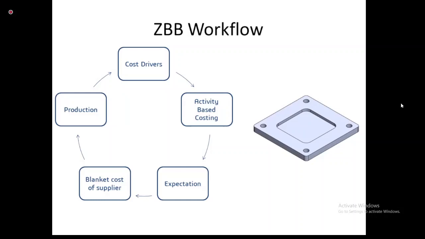For example, when this component went for inspection, we also shortlisted the expenses incurred in the inspection, like whether a CMM machine has to be used for inspecting this component, or whether we should use functional gauges. If this component is getting machined on the shop floor, we decided to find out the cost drivers of this component. So it is detail oriented in nature.